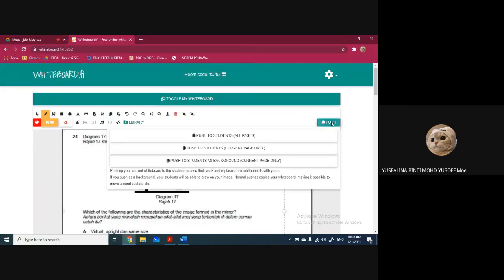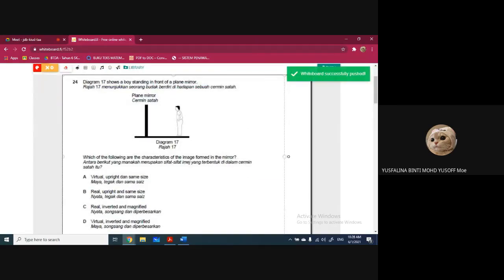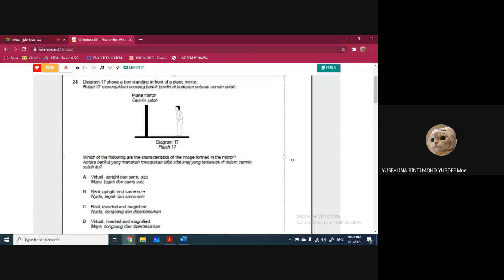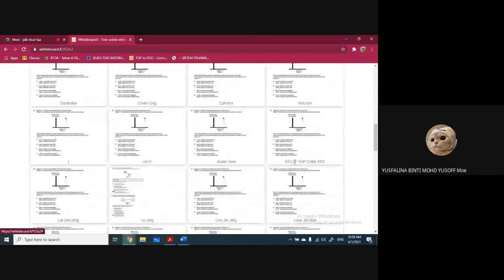Okay, this is the last question. Plane mirror. What is the characteristic of the image for a plane mirror?